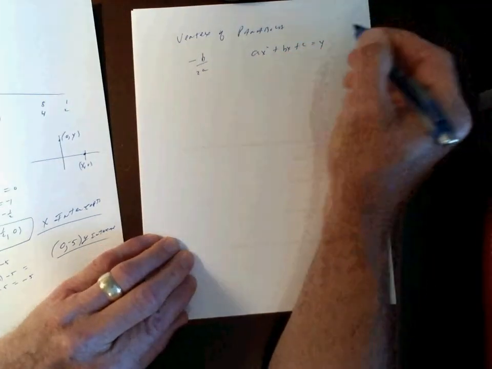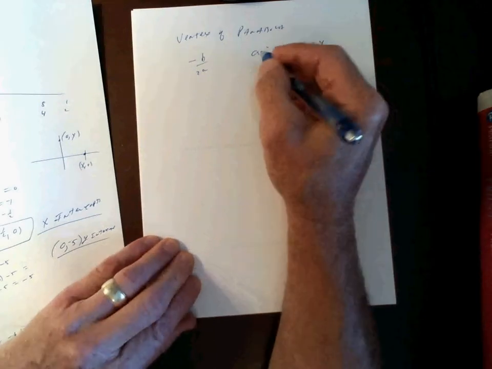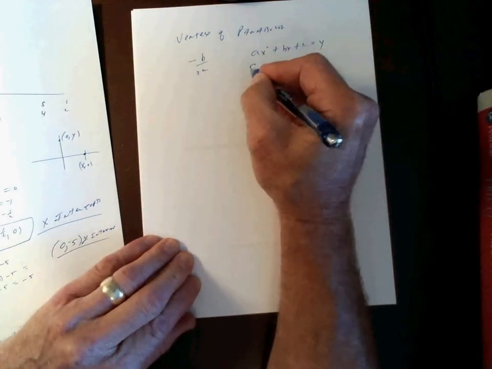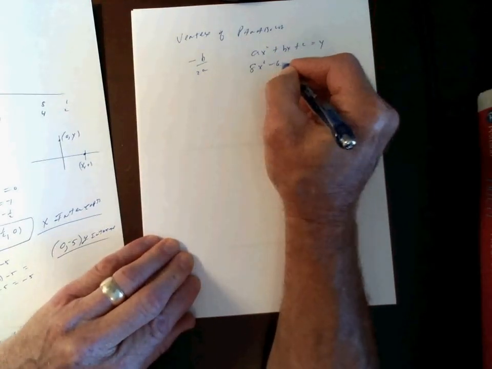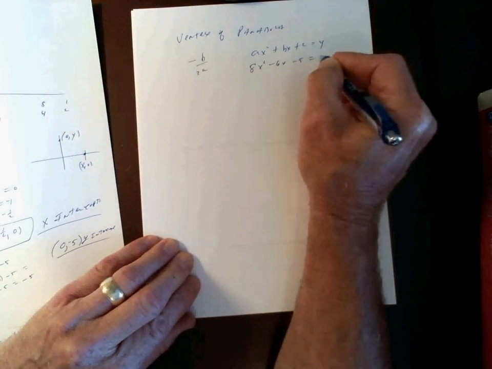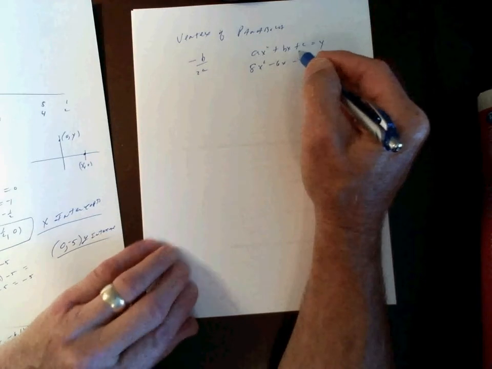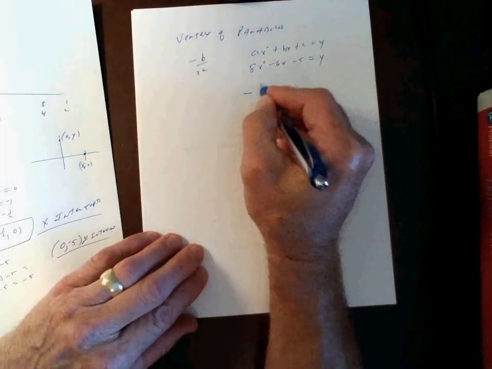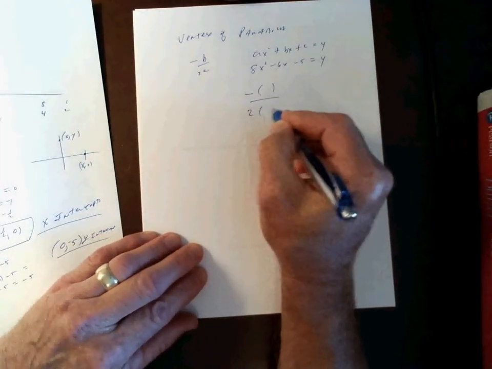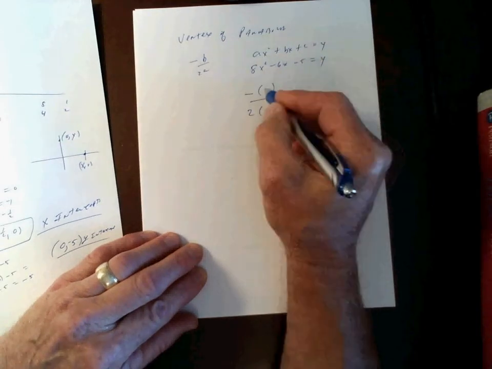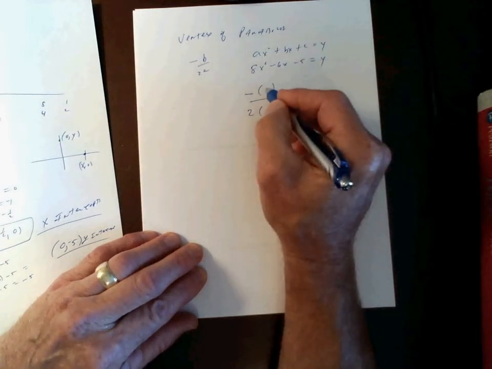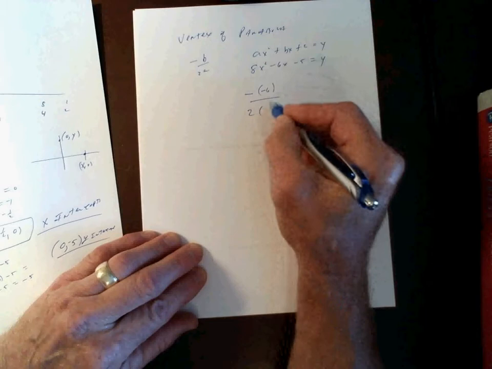So in this case, we'll have y is equal to 8x squared minus 6x minus 5. And negative b over 2a in this case will be negative b over 2 times a, where b is a negative 6 and a is an 8.